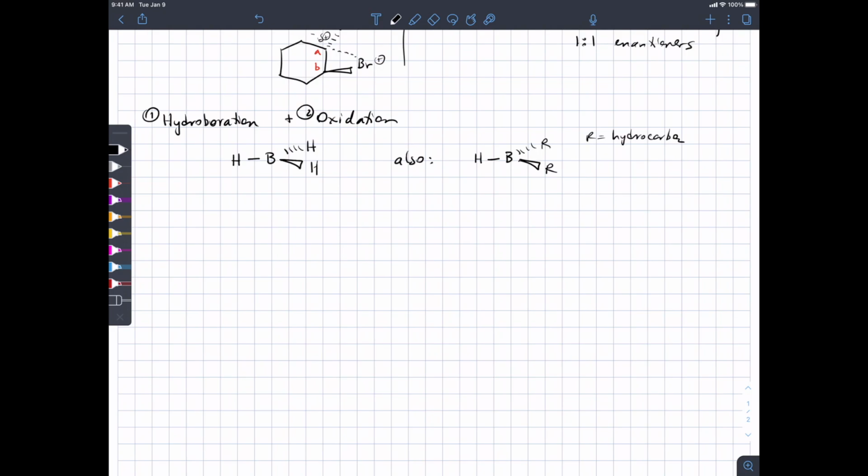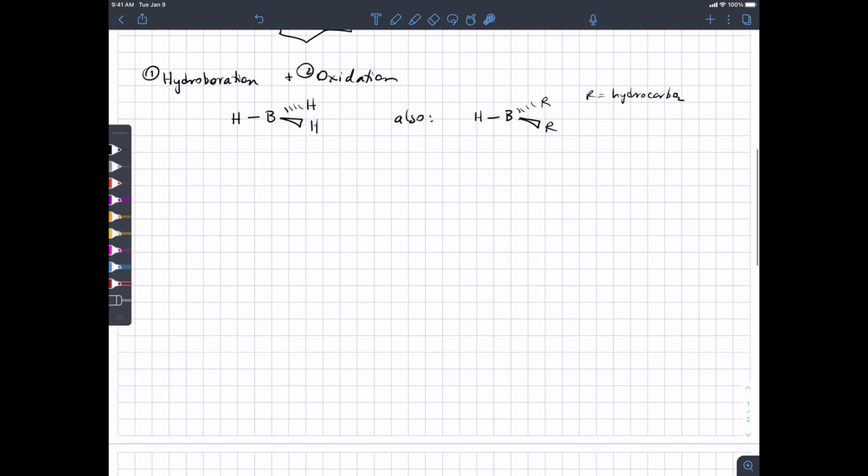You saw one on exam 3 where there was some weird sort of chair stuff going on out here. I won't make you memorize any of the other hydroboration reagents, but as you see them in the text, they're going to function exactly the same way as BH3.